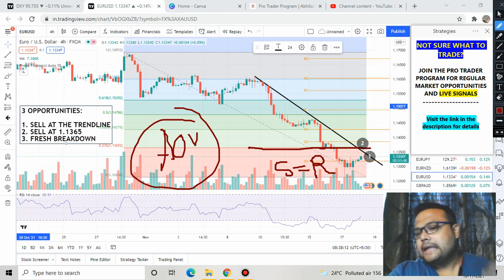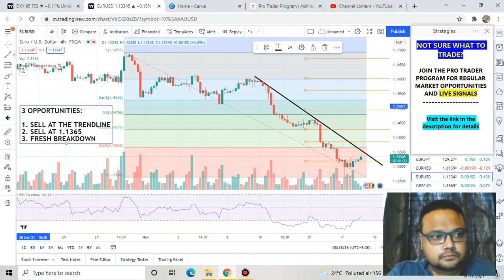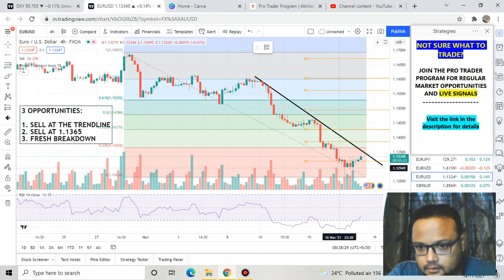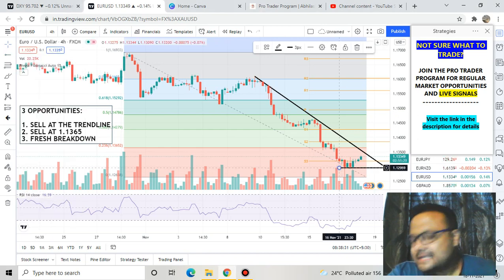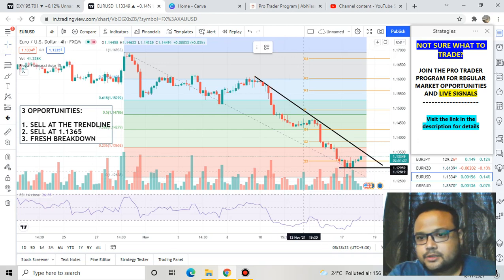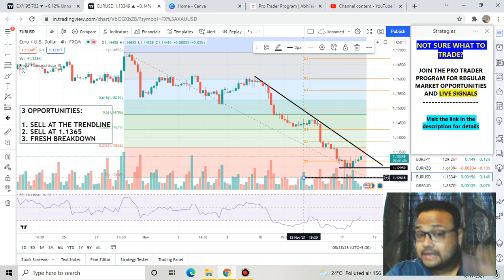And on the other hand, if Euro USD fails to go up and starts coming down, then you can take a sell position below either this level, or this level. Listen to me carefully, things are about to get complicated.